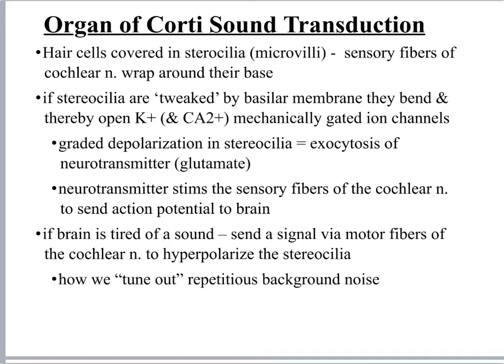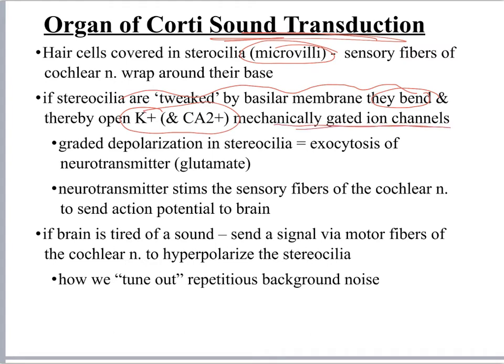All right, here's my note slide for transduction of the sound. So sound transduction. So remember, stereocilia or microvilli. And you're just going to go along this pathway, write it out once or twice, you'll have it, okay? So if the wavelength gets to a part where they can bend the stereocilia, that causes a mechanical change in shape, potassium, potentially calcium, comes in, opens mechanically gated ion channels.